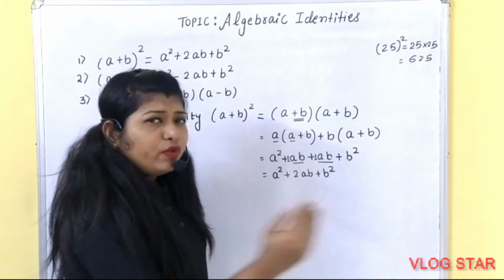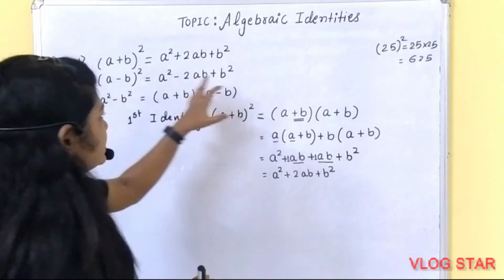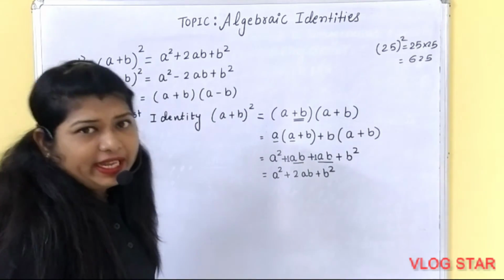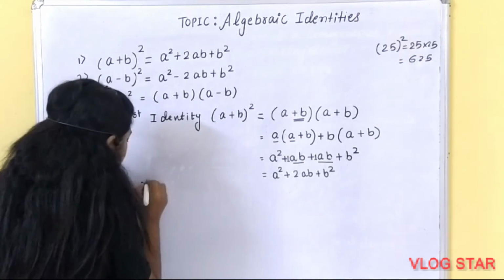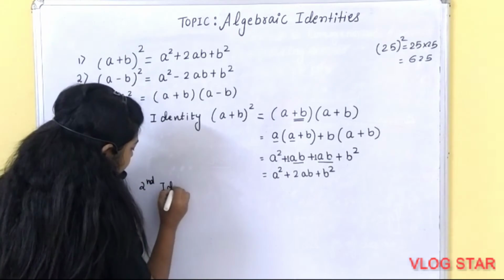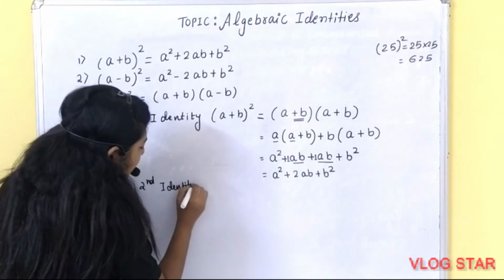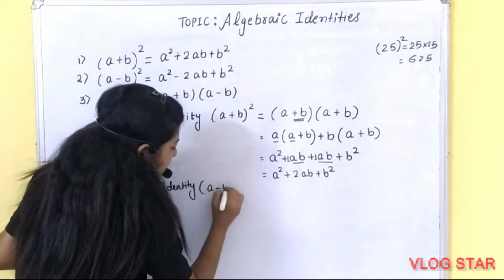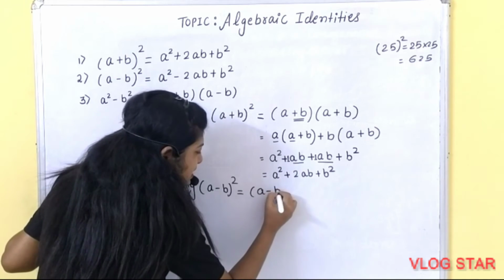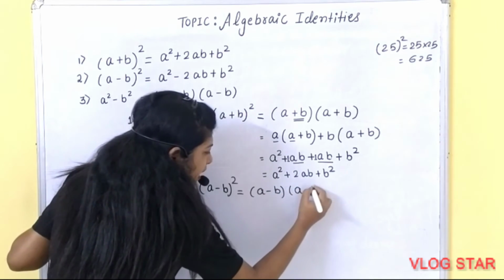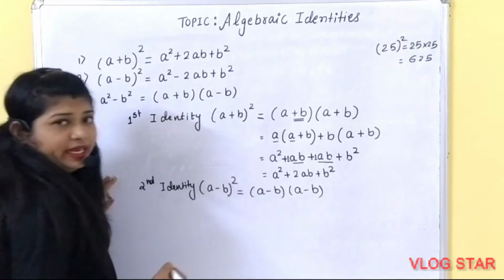Similarly, will you be able to find the proof for the second identity? Definitely yes. How are you going to find it? Let's consider the second identity. (a − b) whole square is equal to, how are you going to represent it? (a − b) into (a − b).